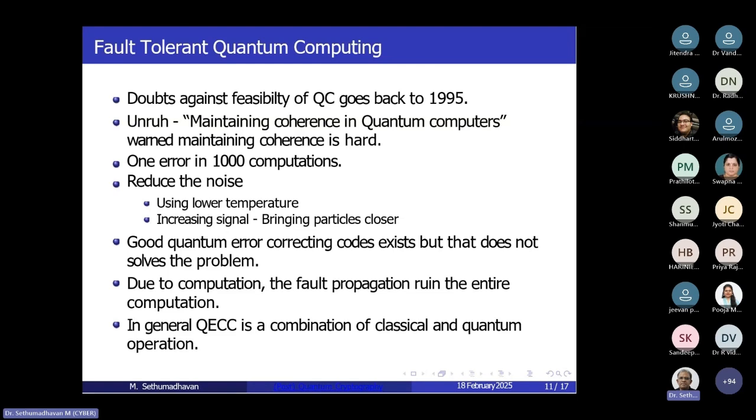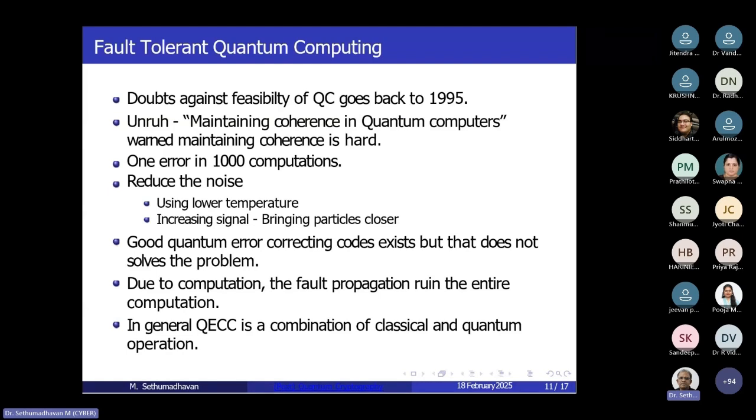The feasibility of quantum computing was doubted, and this doubt was raised in 1995 itself. You can read the paper by Unruh, titled Maintaining Coherence in Quantum Computers. He warned that maintaining coherence is hard. By 1997, the problem was error: one error in 1,000 computations.